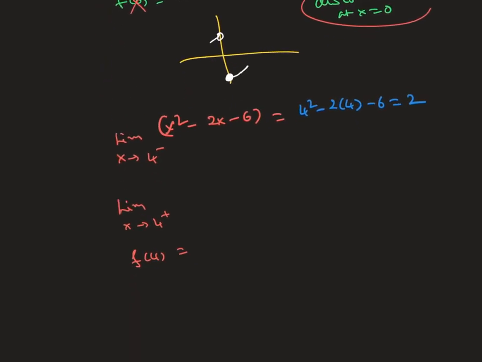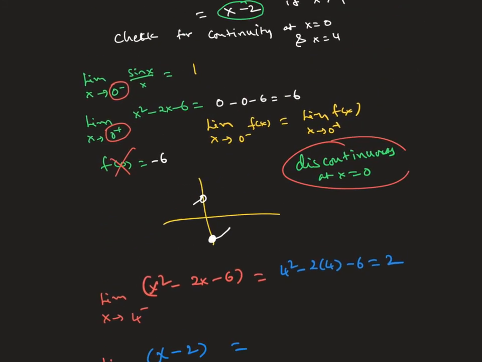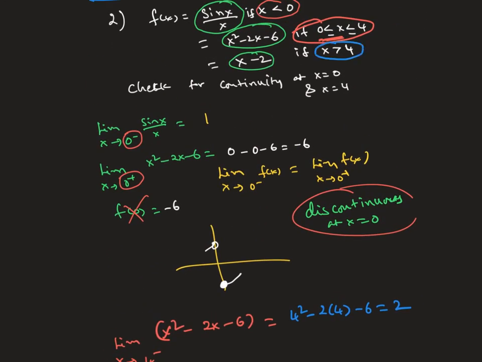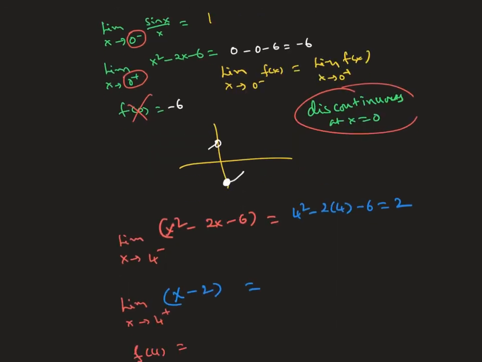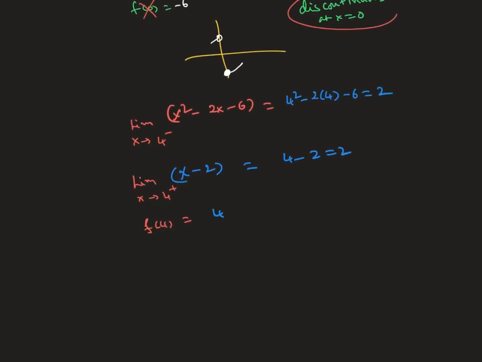For 4 from the right side, you have to use this piece because 4 from the right side is more than 4. That's the third piece, which gives me 2. F of 4 also you substitute in the second piece because that's where the equal sign shows in the problem.